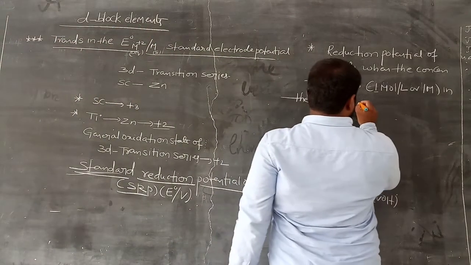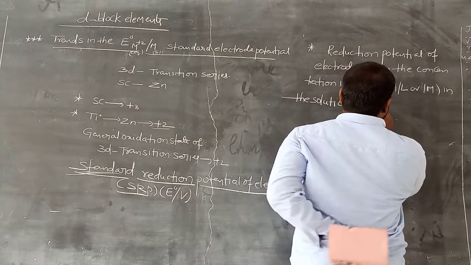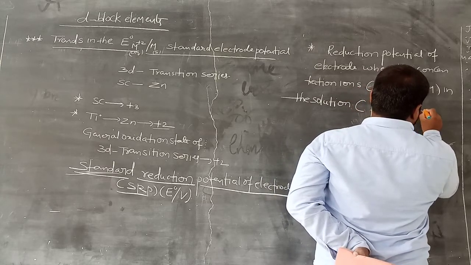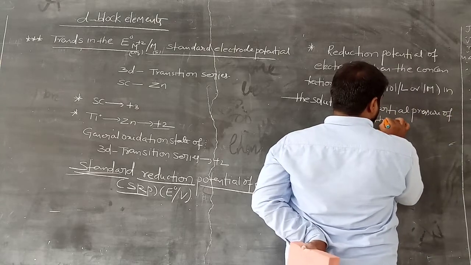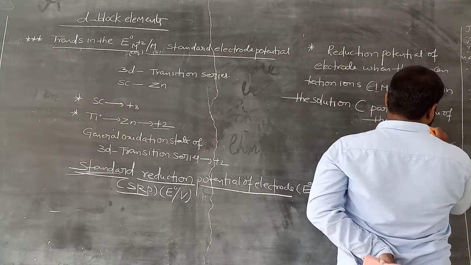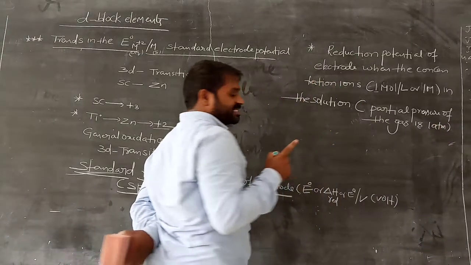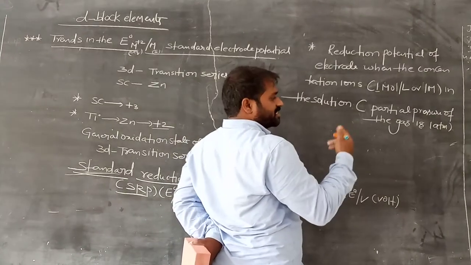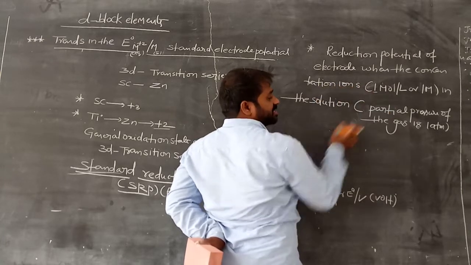In the case where the species is a gas, then the partial pressure of the gas is 1 atmosphere. Suppose it is in solution, the concentration of ions is 1 mole per liter.